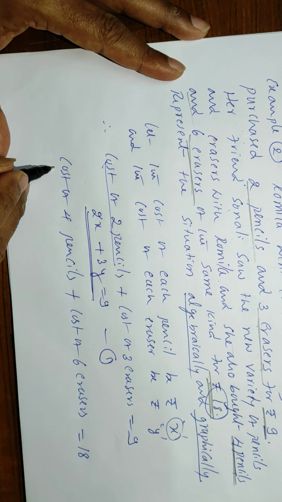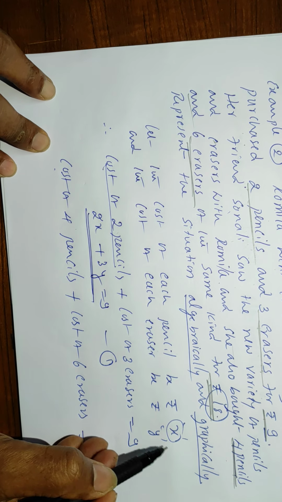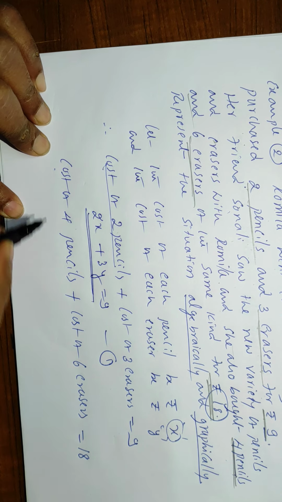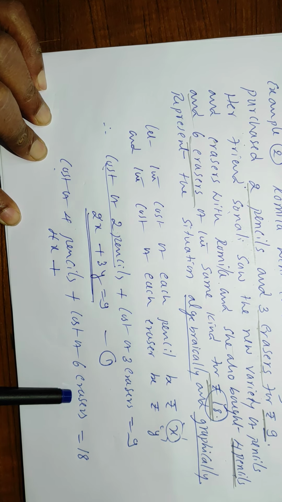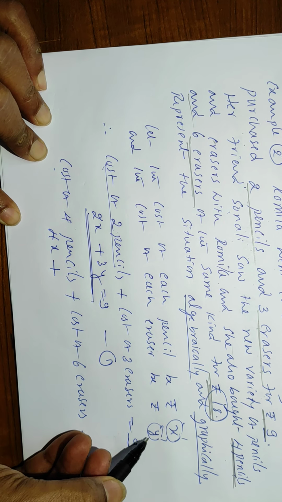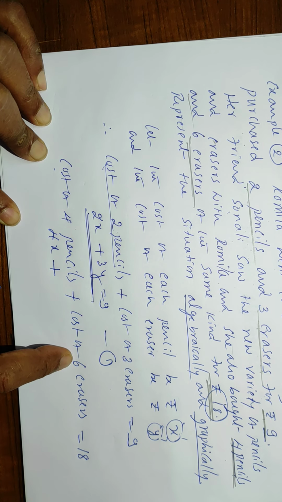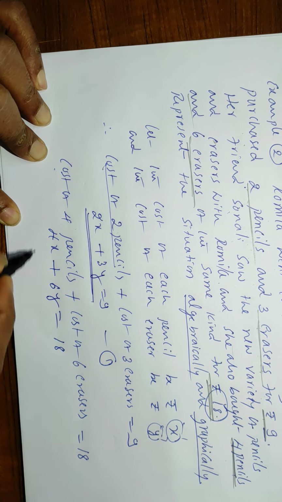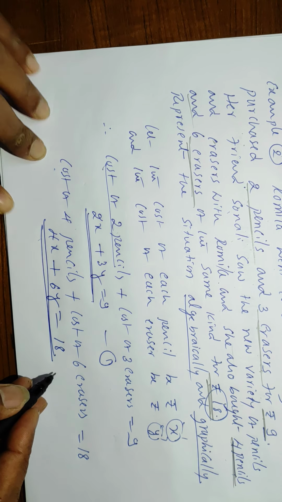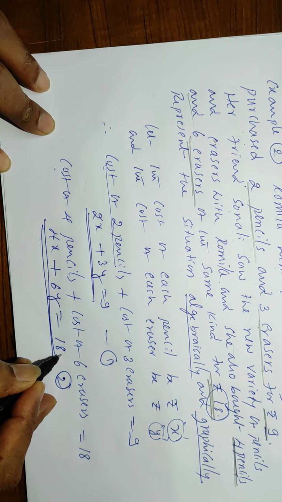So the cost of 4 pencils is 4X, plus the cost of 6 erasers is 6Y. Totally rupees 18. So we have obtained another equation.